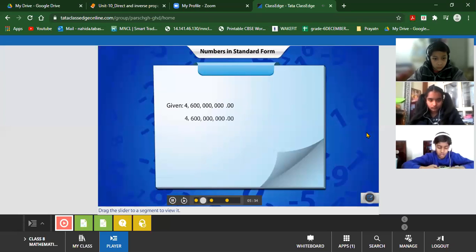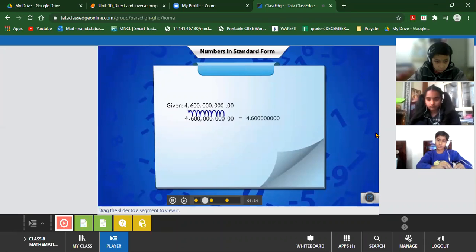To write this in the standard form, we must move the decimal point until there is only one non-zero digit remaining to the left of the point. Moving the decimal, in this case, will leave us with 4.6 followed by 8 zeros. The trailing zeros are dropped and the resultant number 4.6 is multiplied by 10 to the power of the number of places that the decimal has been moved.